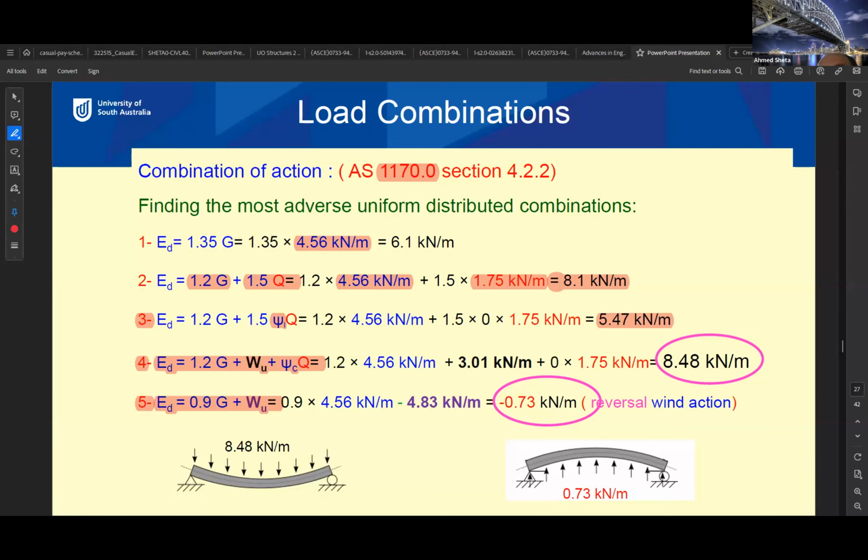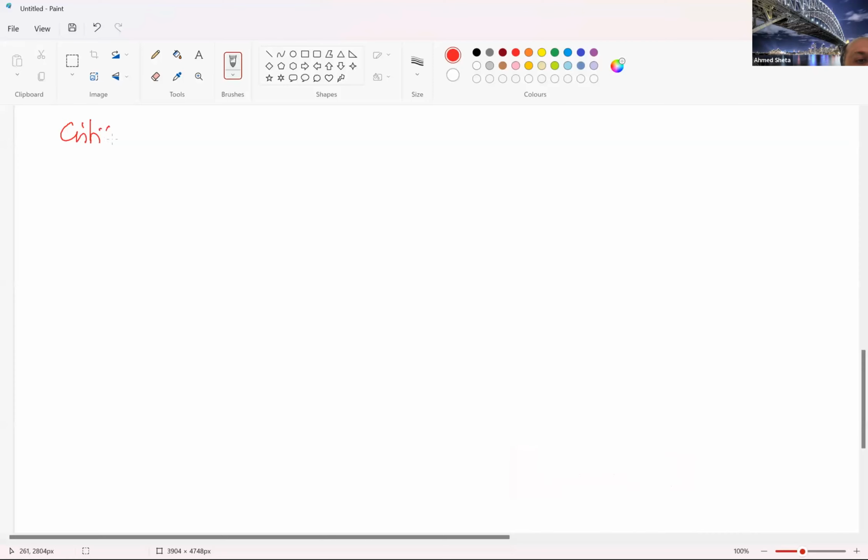Okay. So I will just share my screen again, the other screen. So using the critical load combination, just to quickly draw it. We have number 4, which is ED equal to 8.48 kilonewton per meter.